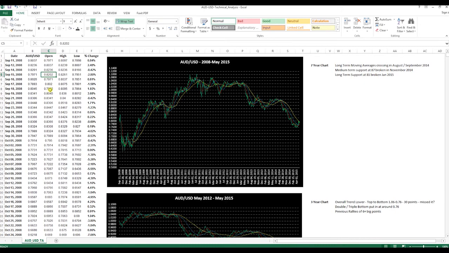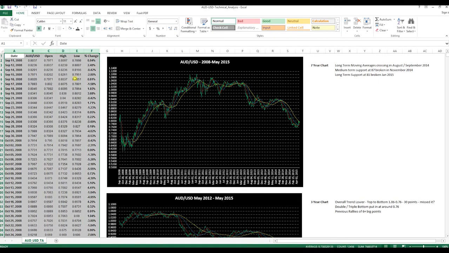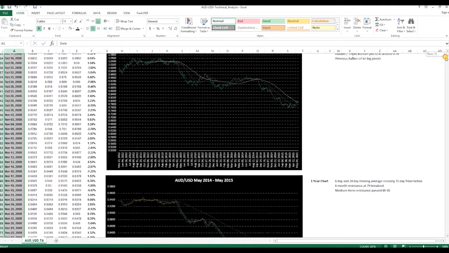On the left-hand side, you're going to see something that should be very familiar to you now. You're going to see the data downloads from investing.com/currencies. The first thing we have is the date. So we have data going back to September 2008 all the way up to present day.